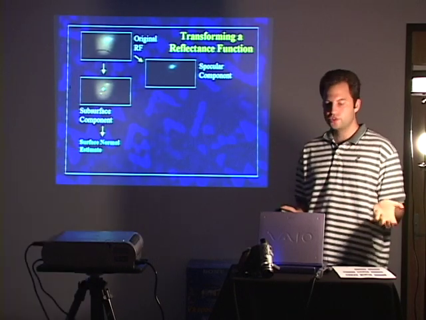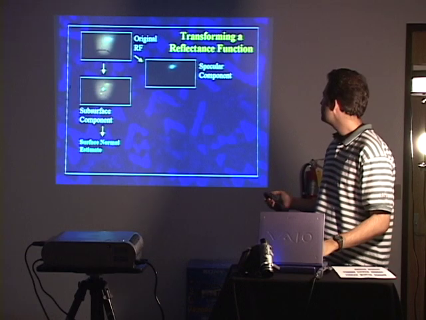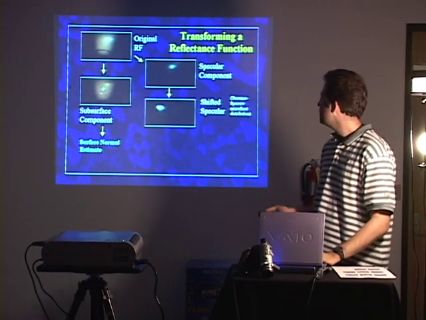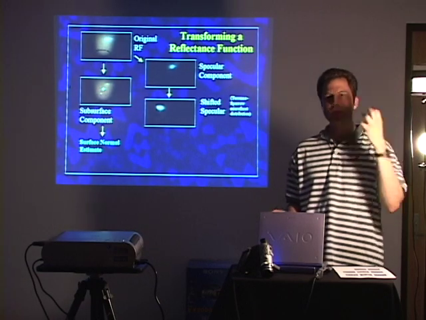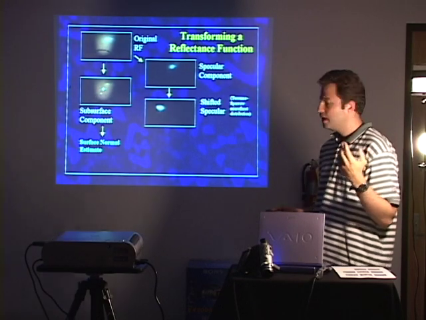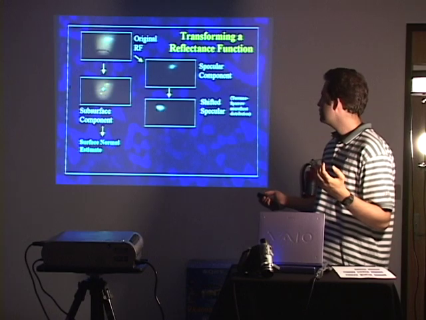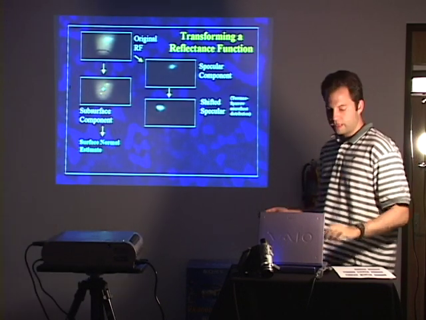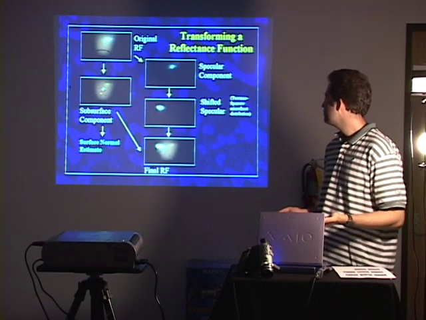And then using a technique described in the paper, we can resynthesize a new specular component based on these pixel values that is appropriate for the new viewpoint, where the specularity will be shifted. Then finally, we add the subsurface component, which we modulate based on chromaticity falloff, with the shifted specular component to form a final reflectance function.